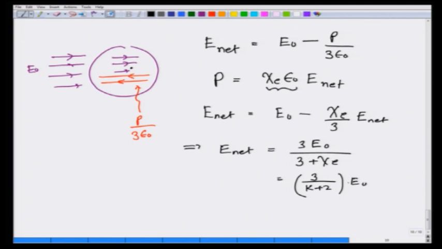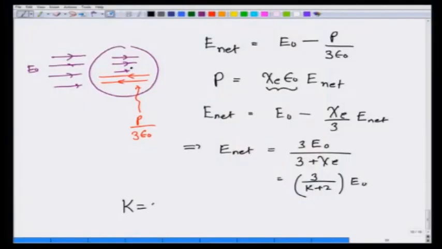So, the field inside is still in the same direction, but reduced in amount. You can easily see that if k equals 1, that means there is no dielectric sphere, then E net is the same as E 0, as must be the case.